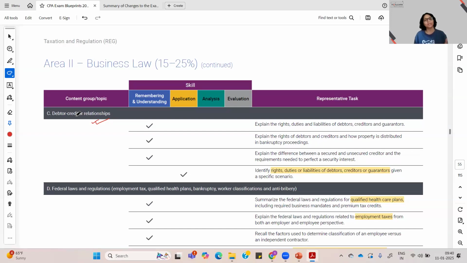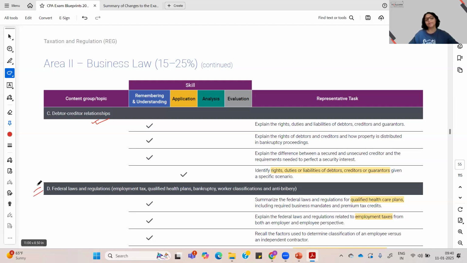So there is a possibility of some kind of coding going on, where the questions you're getting wrong get pulled out more from the database. Having said that, I think that's more to do with MCQs than SIMs, because more or less you will see SIMs following a pattern. So I feel that concept would be there in MCQs, but it has not been explicitly spelled out by the AICPA.